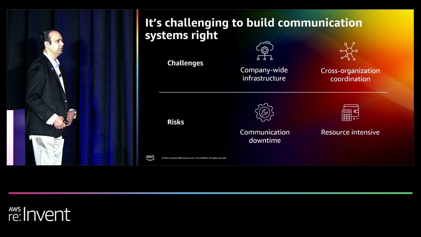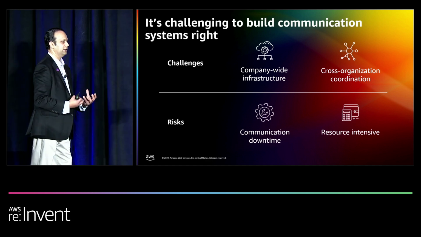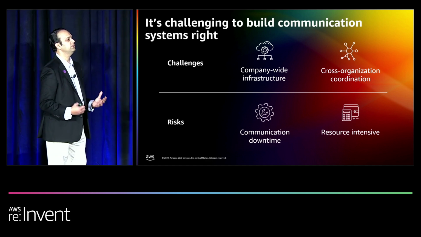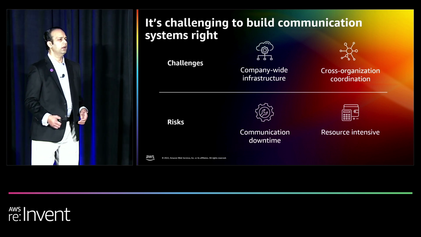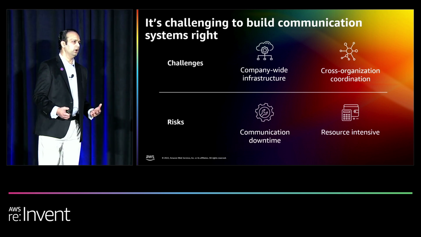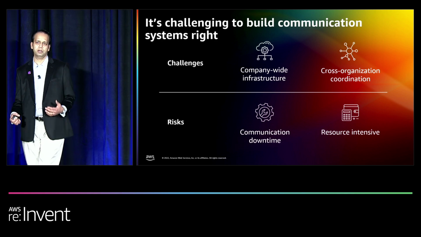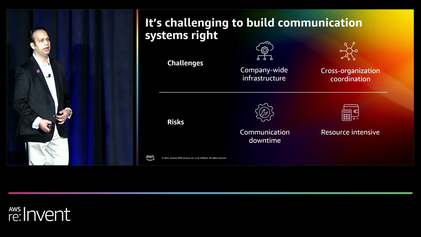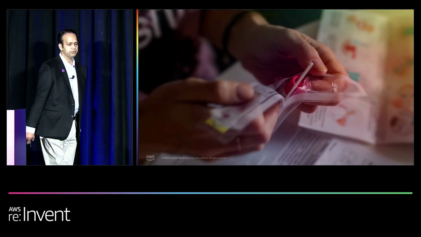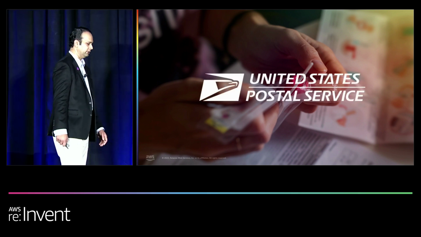As a result, the organization gets limited. It reduces the agility of the organization, and all the benefits of the cloud aren't necessarily applicable to this super critical workload called communications. A great example of that is the United States Postal Service.